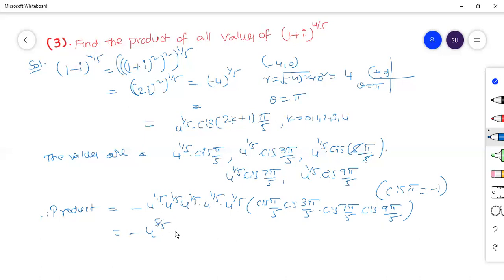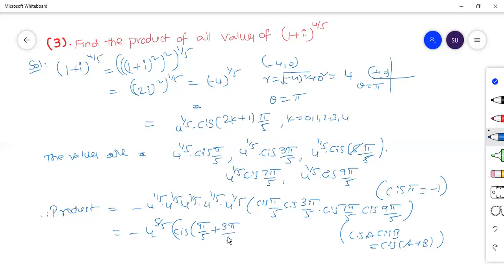Here, cis A into cis B: can I write it as cis of A plus B? In the same way, if 3 are there, add 3; if 4 are there, add 4. Here cis of multiplication is there, so add all these things.